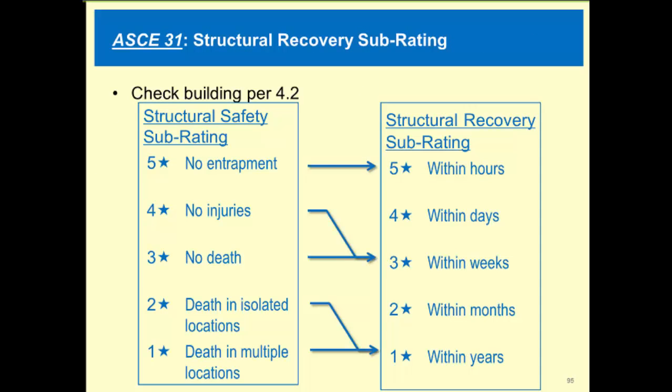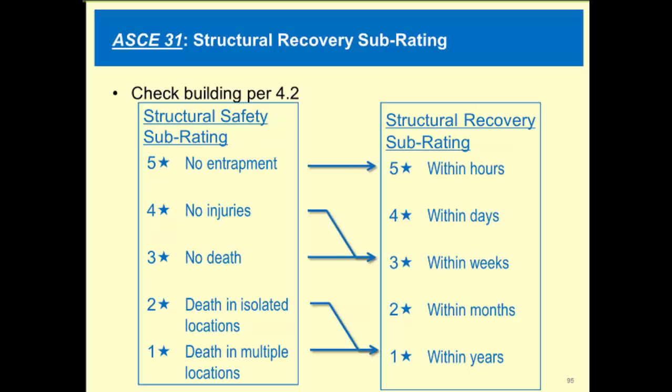Okay, so now for the subrating, we'll go to section 4.2. For the safety subrating, we had a direct mapping: 5 stars goes to 5 stars, 4 and 3 stars of safety subrating go to 3 stars. The 2 stars and 1 star for the safety subrating go to 1 star.